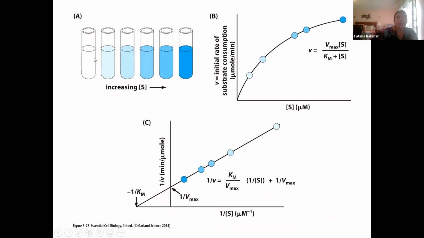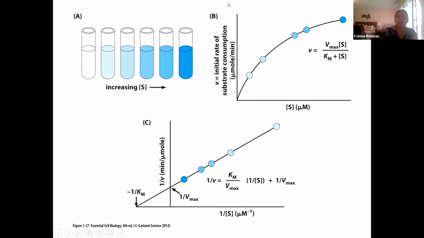Again, some of you may have done these experiments in biochemistry, where we add double the substrate or quadruple the substrate or half the substrate and see how the reaction moves forward. What you will notice is that increasing substrate concentration typically leads to increasing products until a particular point, at which it just plateaus off and it doesn't matter how much more you add.